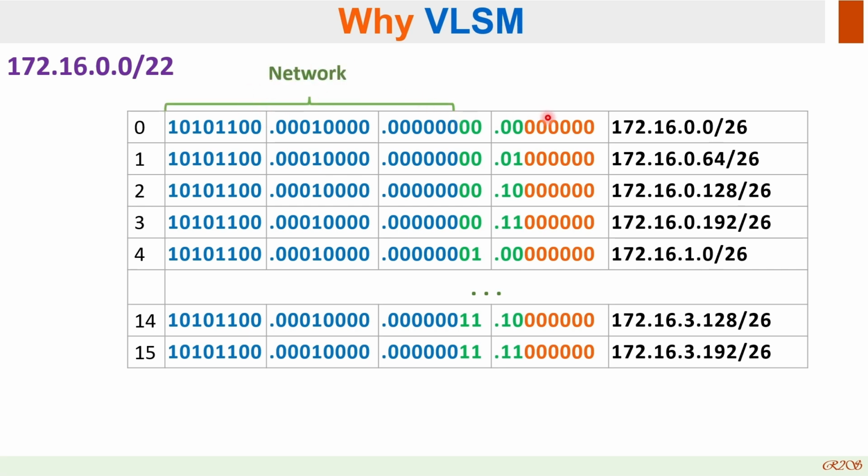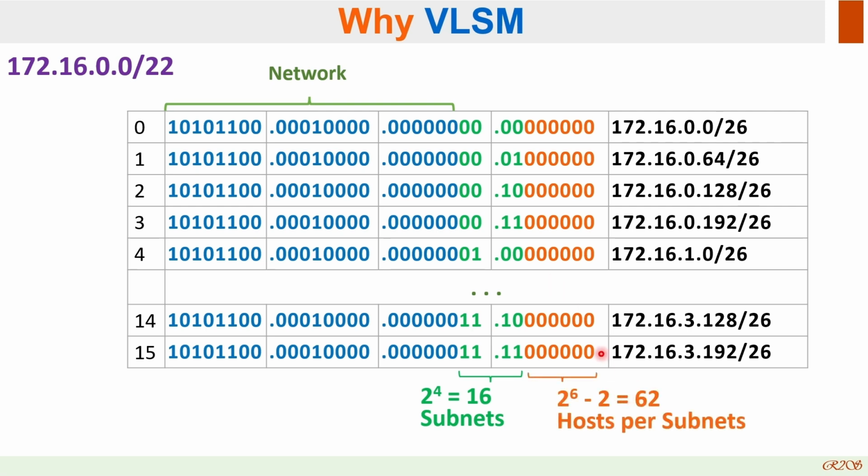Then we borrow 4 bits for subnets, giving 16 subnetworks, and the remaining 6 bits are for hosts. Each network can have 2 to the power 6 minus 2, which is 62 hosts.